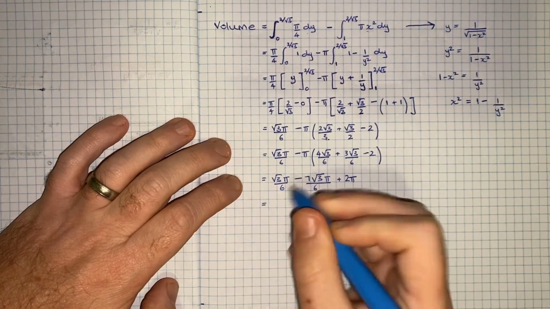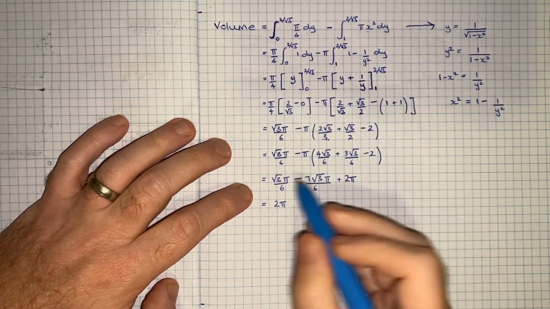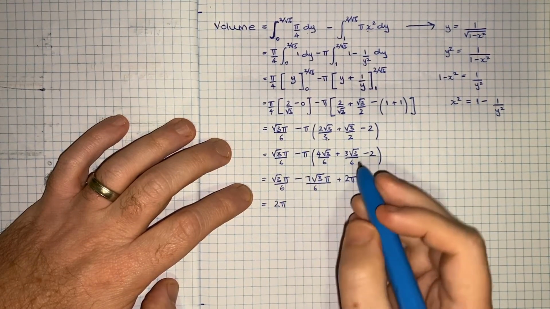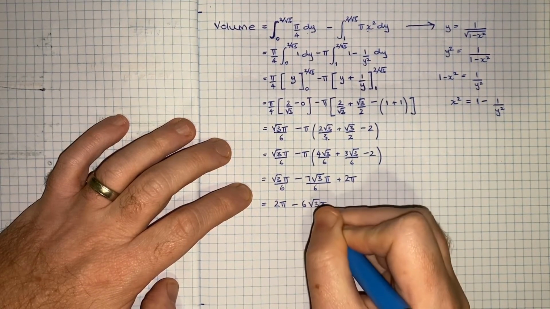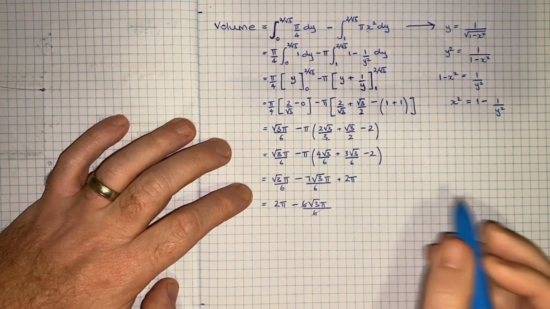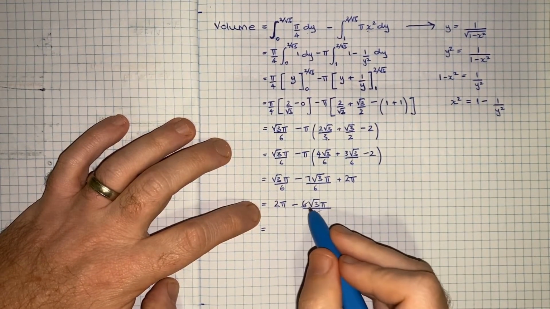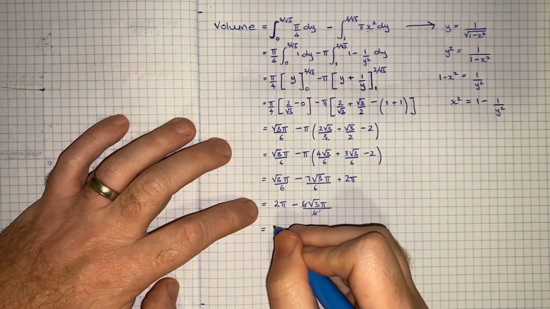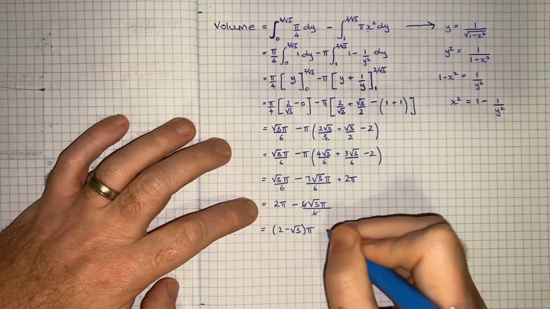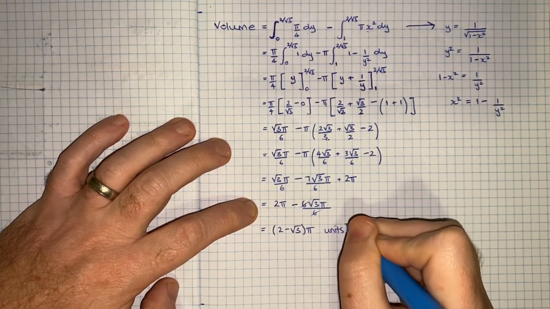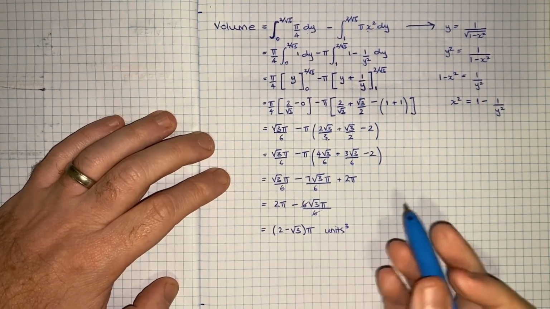So that's going to be 2 pi, and then we'll get 1 minus 7 would be minus 6 root 3 pi on 6. The 6s will cancel, and that then gives us 2 pi minus root 3 pi, or if I factor out the pi, we get 2 minus root 3, times pi, units cubed. And that's the answer in exact form.